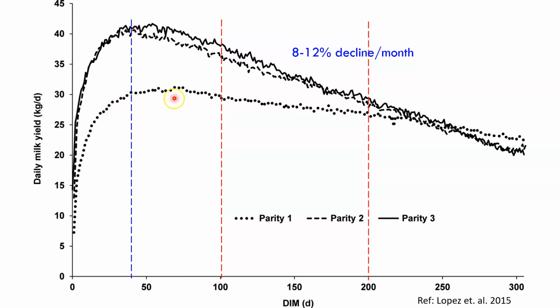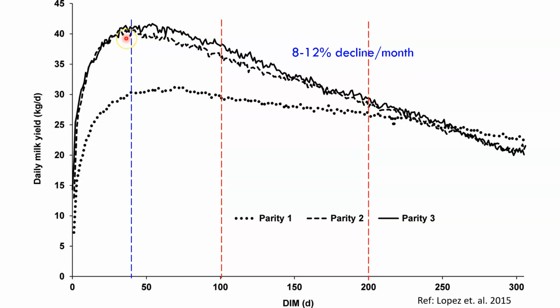So maybe on this one the peak is somewhere here. Earlier we said 10 weeks, and 10 weeks is like 70 days. So maybe you could call the peak here about 70 days, maybe 50 days, 100 days, 75 here. So peak is around there, right?